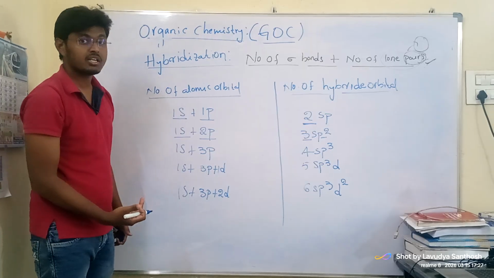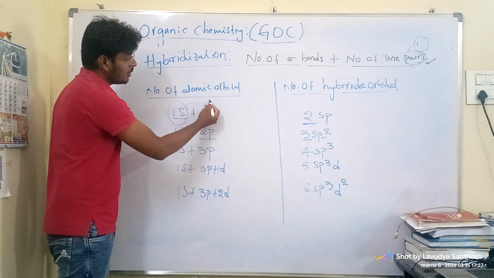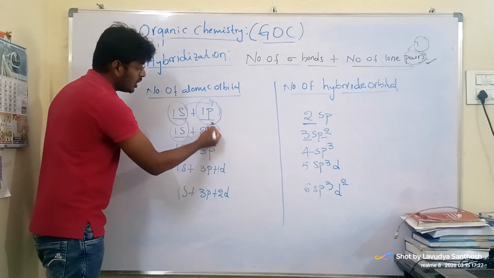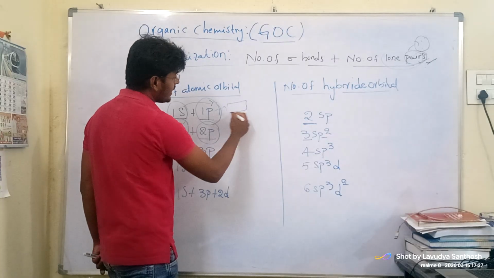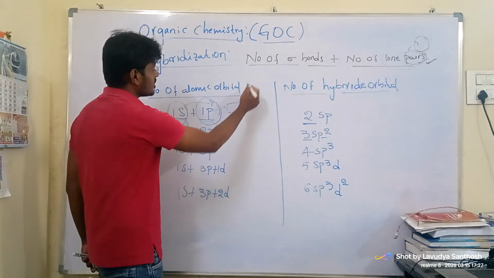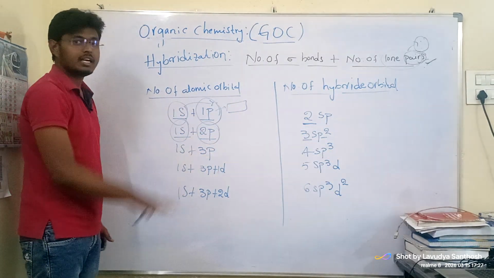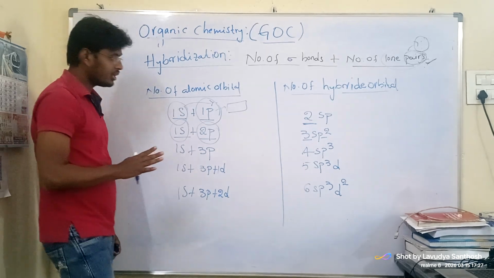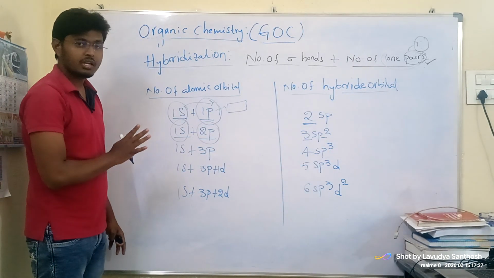For example, if the s orbital mixes with the p orbital. We will take one example, carbon, and understand this clearly. Up to here, I hope you are following me.